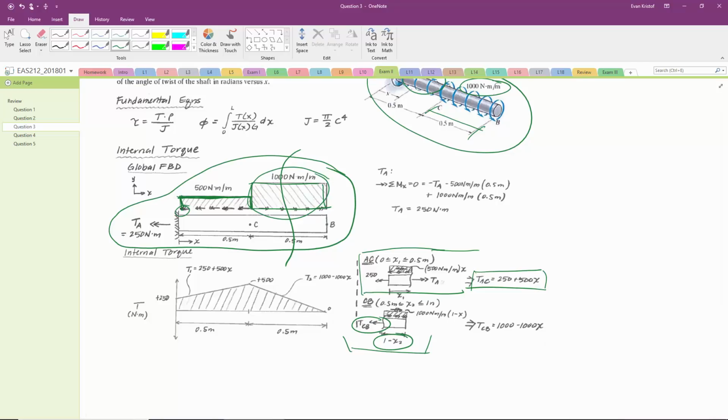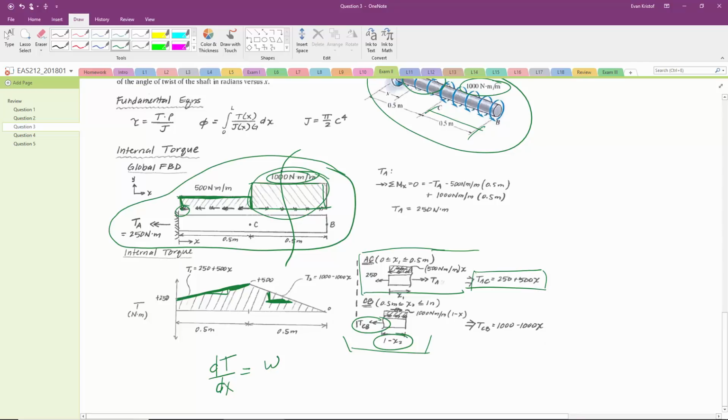The other way to look at this, like the graphical method, would simply say, look, the slope of the torque diagram is equal to the intensity of the distributed torque. So here, the slope of this line should be 500 Newton meters per meter, and the slope of this line over here should be negative 1,000 Newton meters per meter.